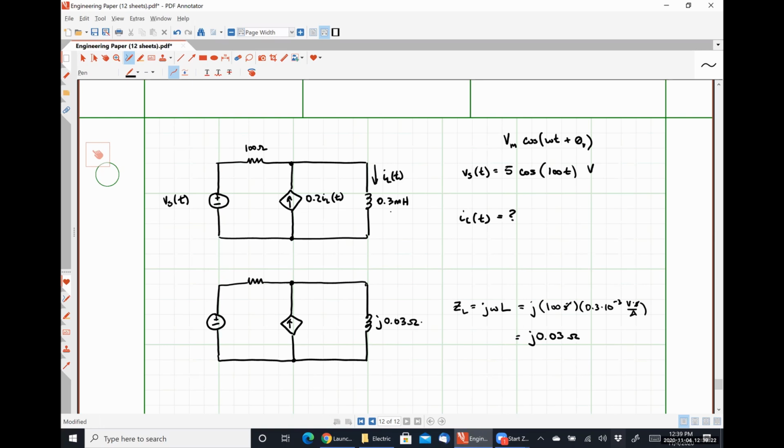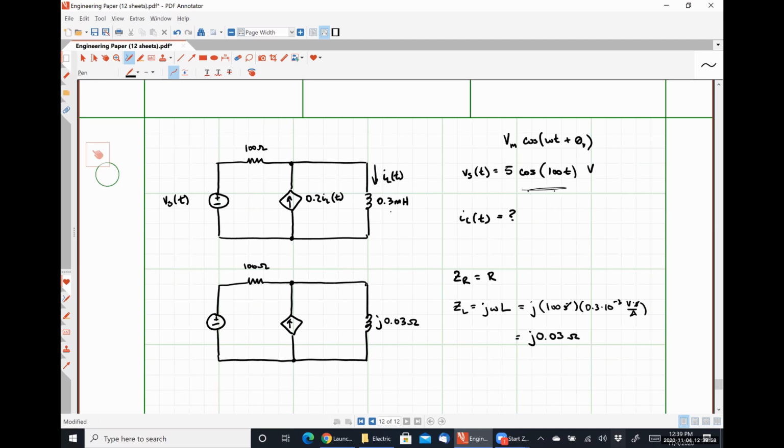What happens to the resistor? Stays the same. The impedance of the resistor is simply the resistor value itself. What do I do to my voltage source? So I have a time domain voltage and I'm trying to work in the frequency domain. What do I do? All of my voltages and currents should be replaced with phasors.